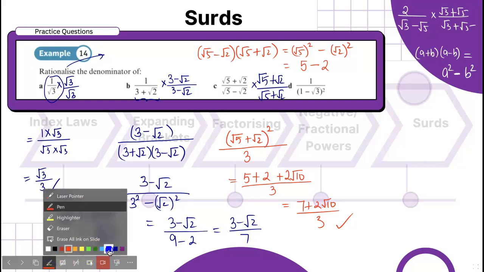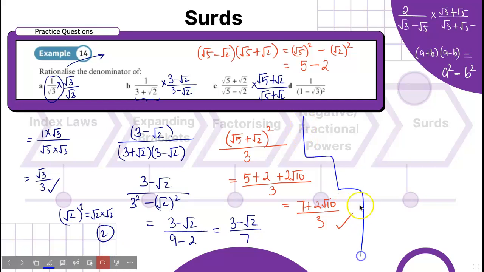D part is interesting. Let's try that. So for the D part, it is 1 over 1 minus square root 3, whole squared. I feel like we have to expand this first. So 1 over 1 squared plus square root of 3 squared minus 2 times 1 times square root 3.